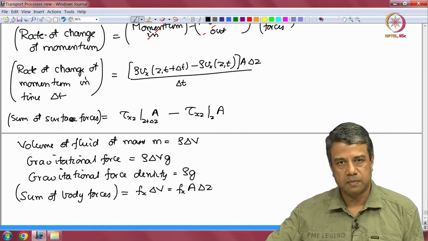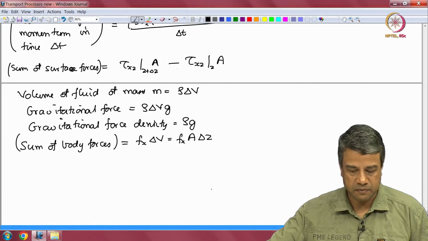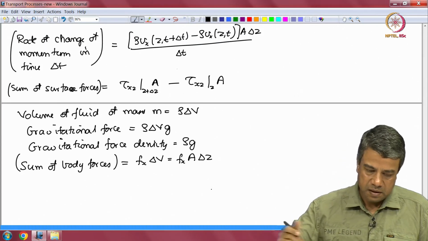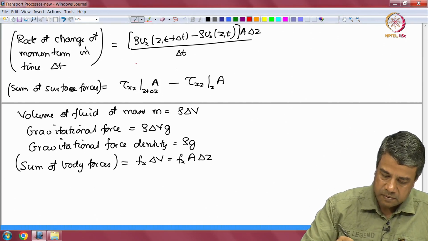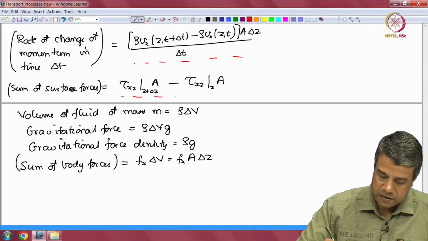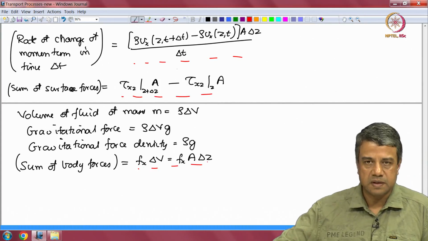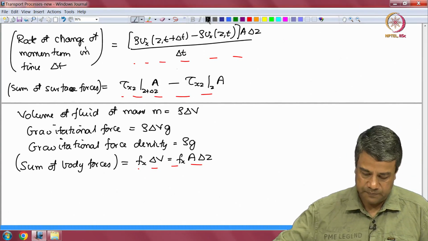That is the body force density. So, here we have the rate of change of momentum, surface forces and body forces, and we need to add up all of them.